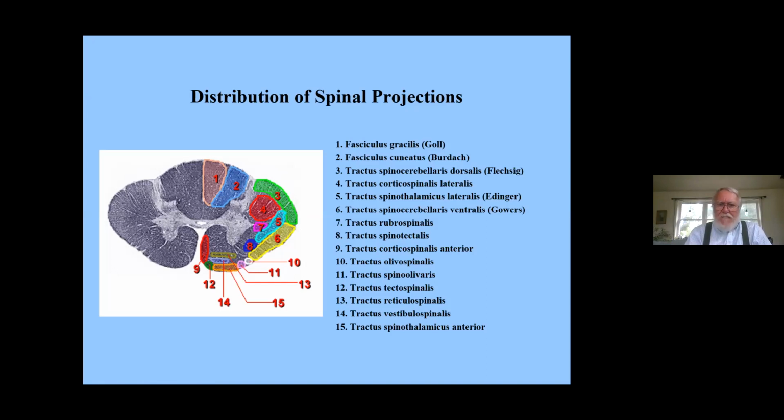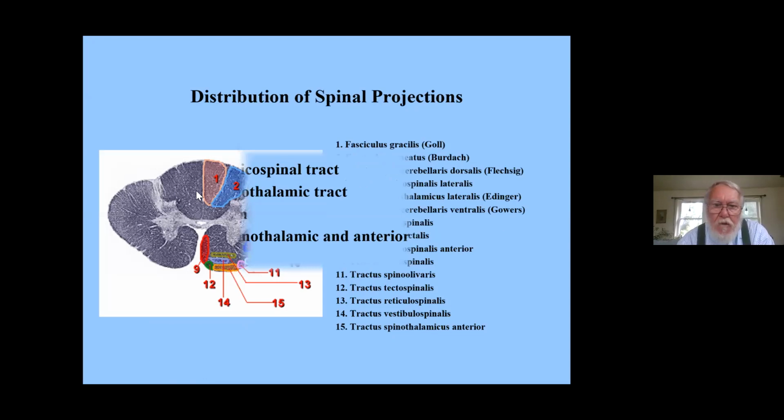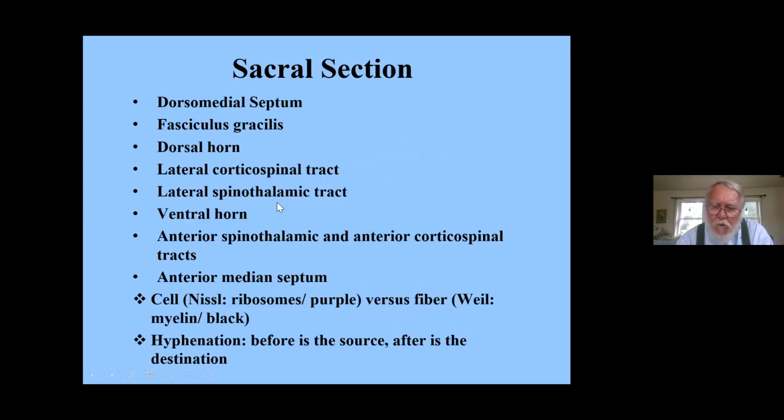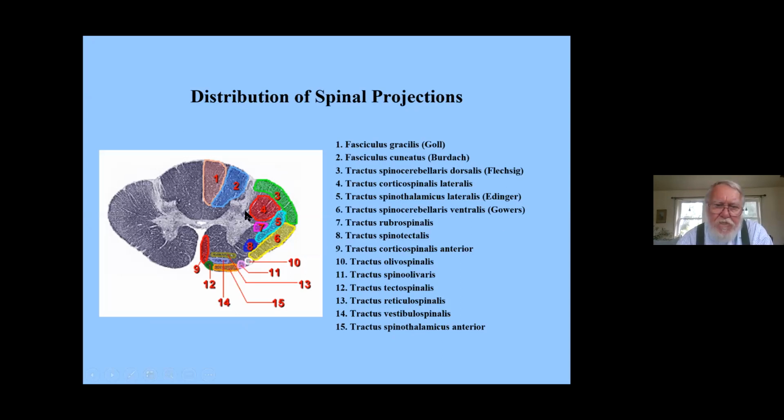Well, the reason there are two is that one of these fiber tracts, the posterior spinocerebellar tract, number three, is formed by ipsilateral projections from the columns of Clark.